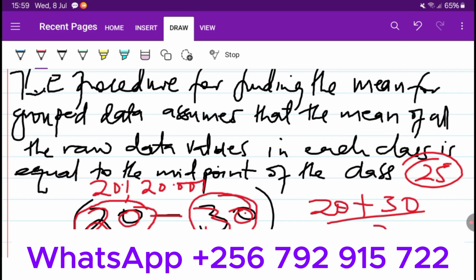But it is not always true. What if the data set that was given to us was just maybe 20.1 up to maybe 19? How are you going to tell me that the average is 25?